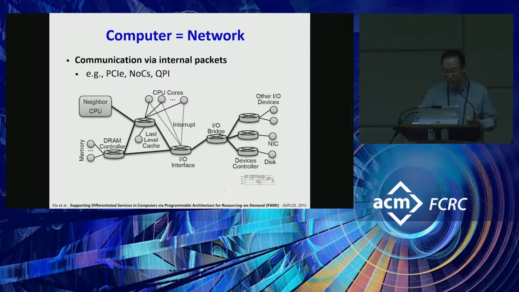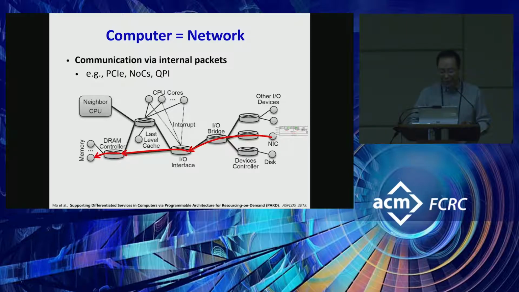If we do a DMA from the NIC to the DRAM, the packet goes through the I/O interface, is translated into a system bus packet, and then forwarded to the DRAM controller. Each controller is just like a switch.